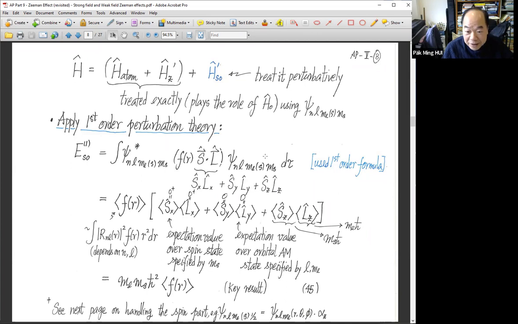If it is a Z spin eigenstate, you look for the Sx expectation value, it is 0, right? This is either up or down in Z. So when you do this Sx expectation value, it will give you 0. Then I don't need to argue that this is 0 as well. One thing is 0, the product is 0.